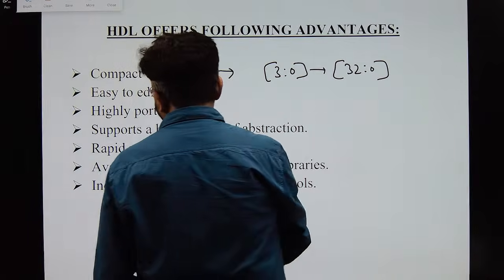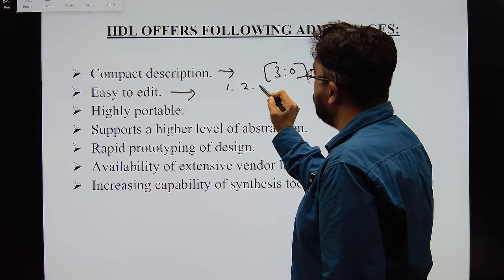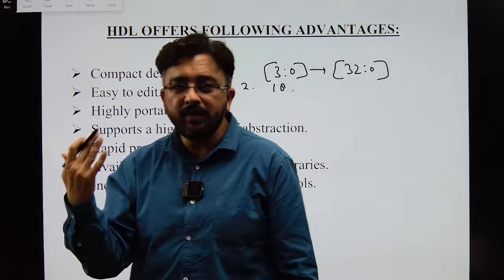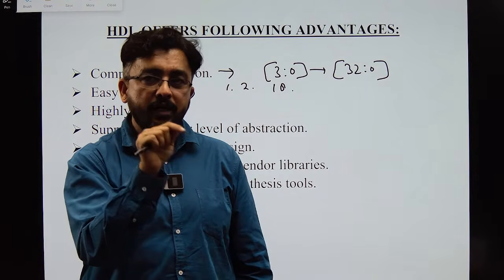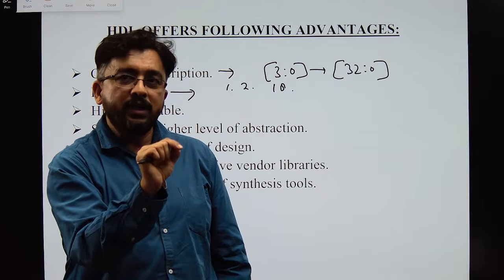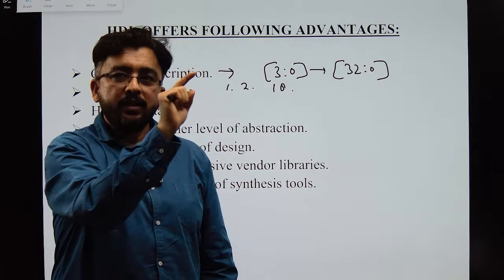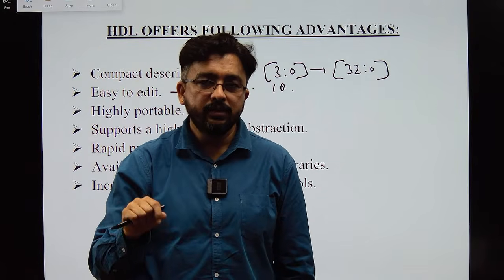But in Verilog, wherever the error is, it will take you directly to that error. Here in line number 18, this semicolon is missing. In line number 18, this you have used with a capital letter and this with a small letter. So, easy to edit.